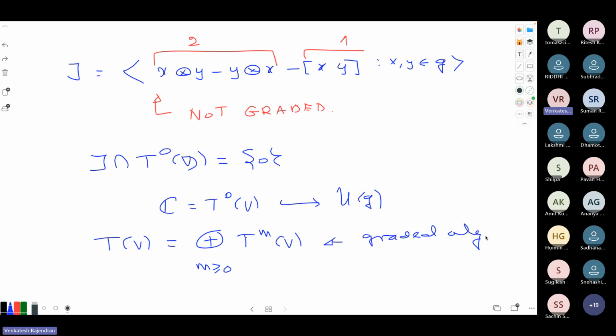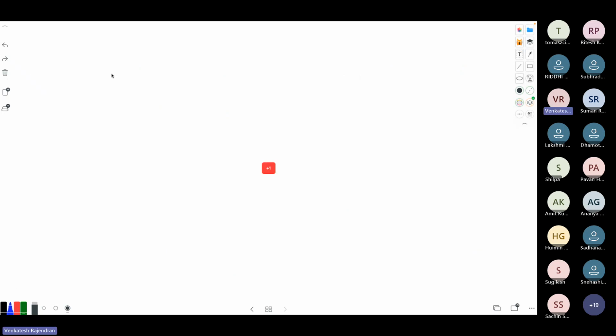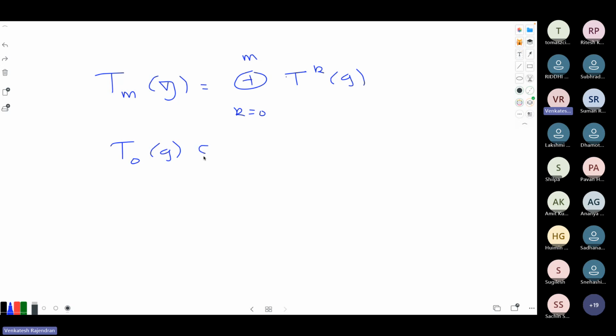Using this grading, you can also easily create a filtered algebra. So you can take T_m of G to be the direct sum of T_k of G, where k is up to m. Then it's easy to see that these give you the filtration on your tensor algebra.